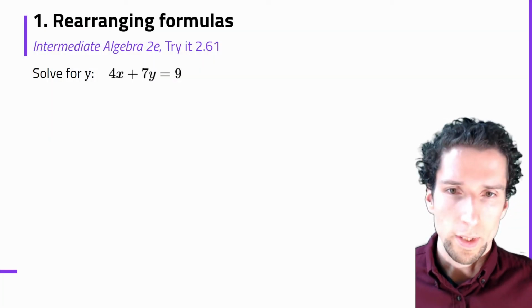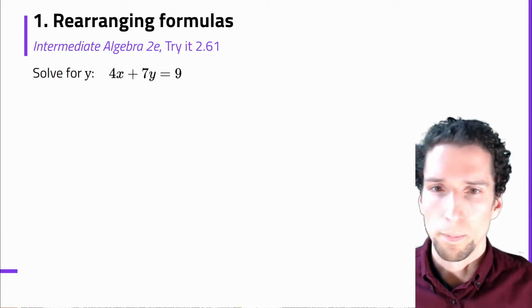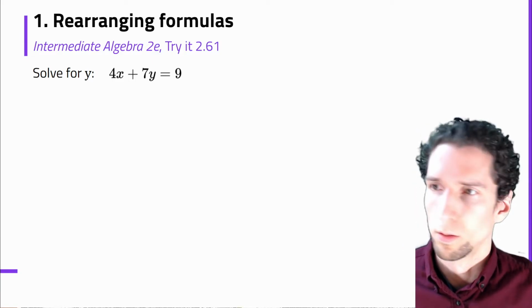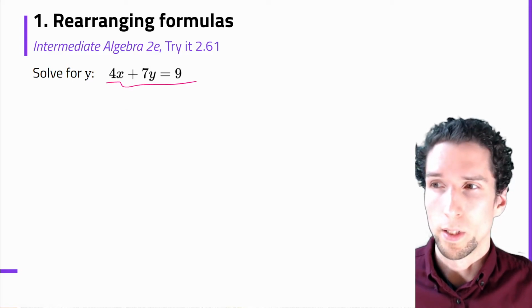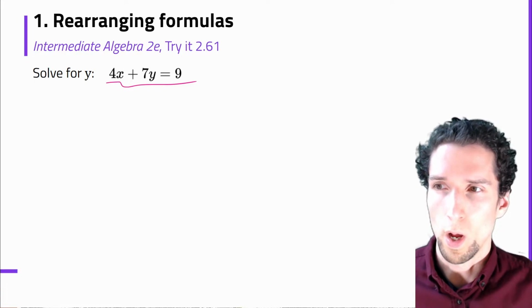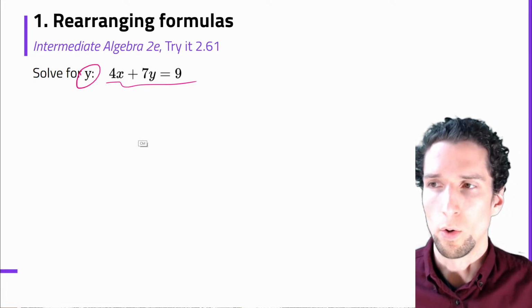All right, let's do another example. These are all the same basic type here. So again, we have this standard form, 4x plus 7y equals 9, and I want y to be alone here.